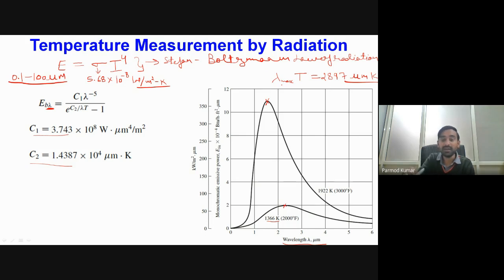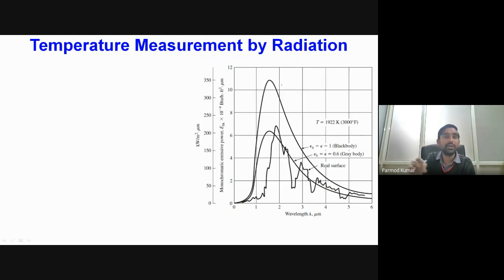Okay, after that, one more important thing: all the surfaces we use in actual practice will not have the perfect emissive power. They emit radiation which is not exactly equal to the emissive power of a black body.